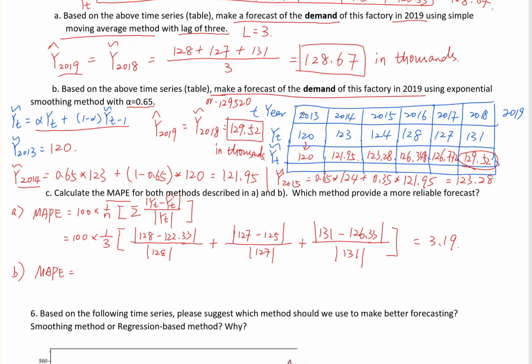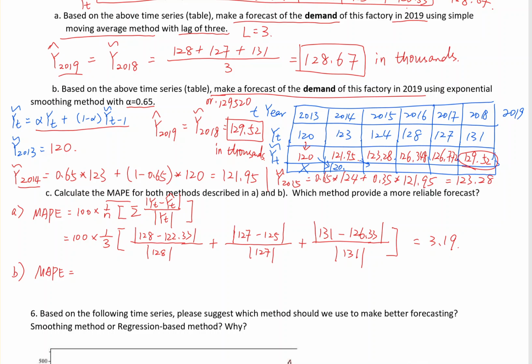So for 2013, do you have the predicted value for 2013? No, because you don't have the previous information, so you don't have the previous estimated value here. But from 2014, you have the predicted value, 120.